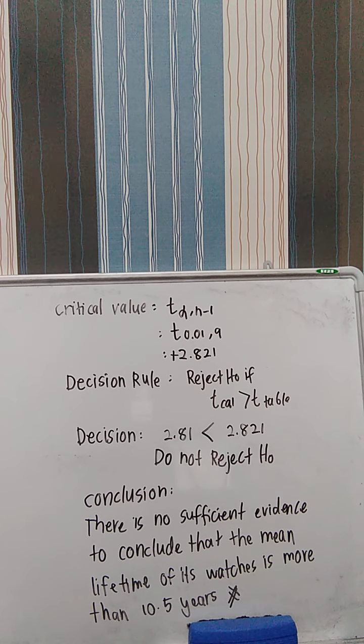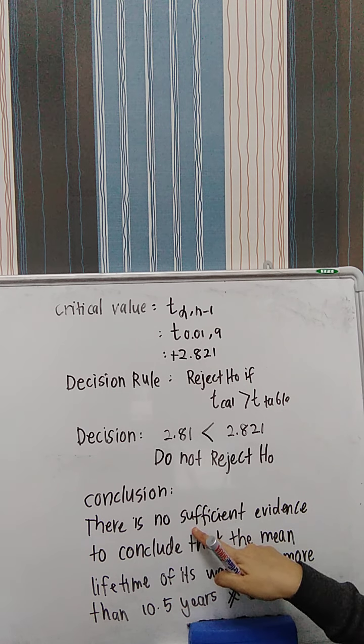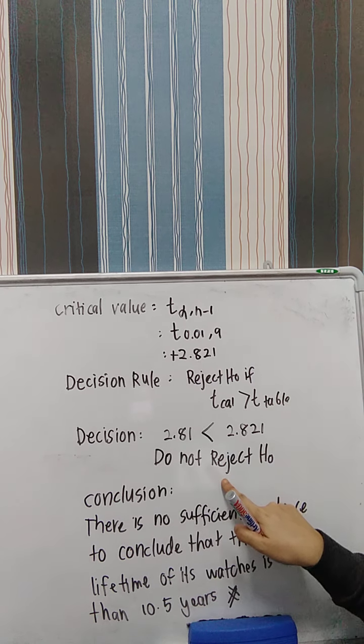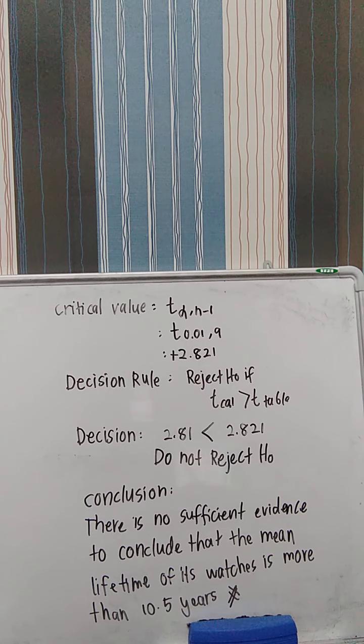Okay, this is the conclusion. There is no sufficient evidence. Why? Because you do not reject the H0. So that finishes example 1.